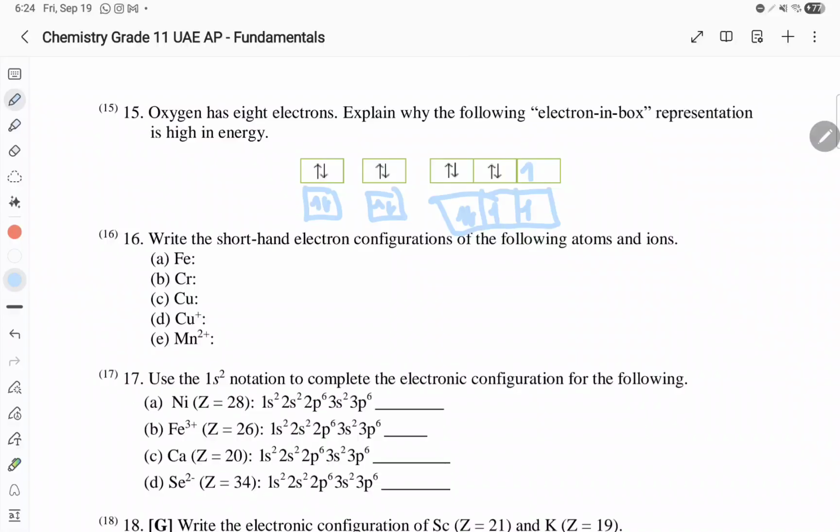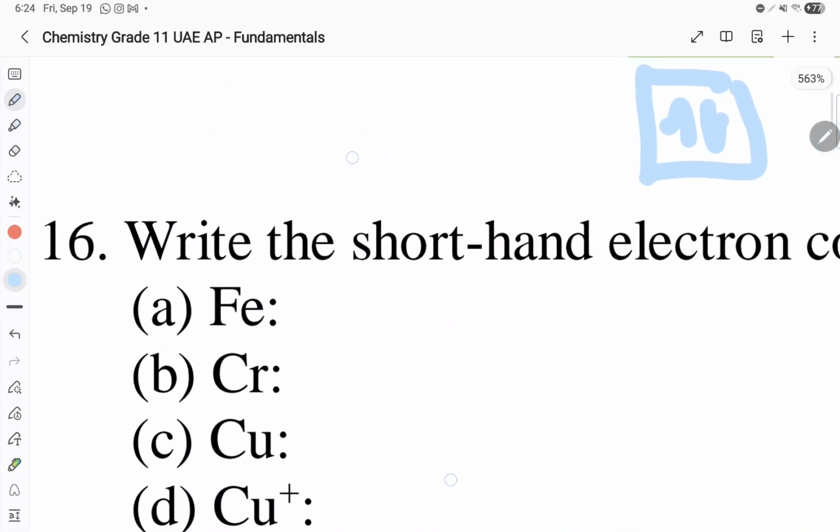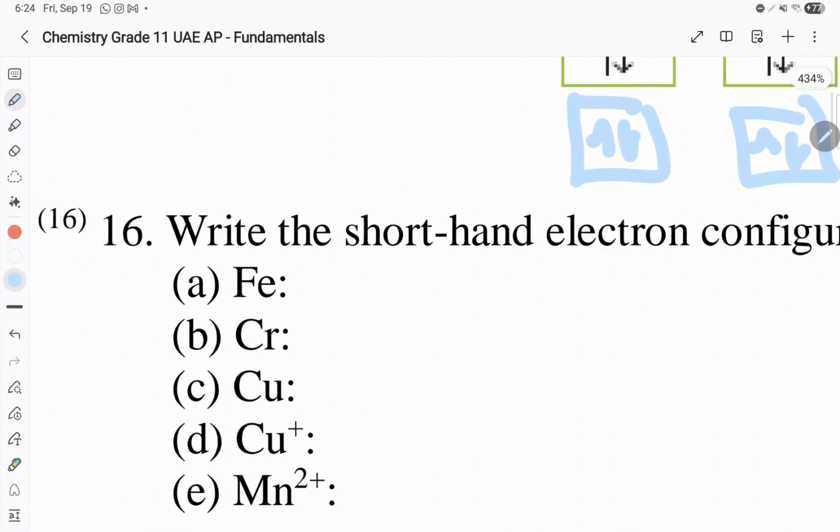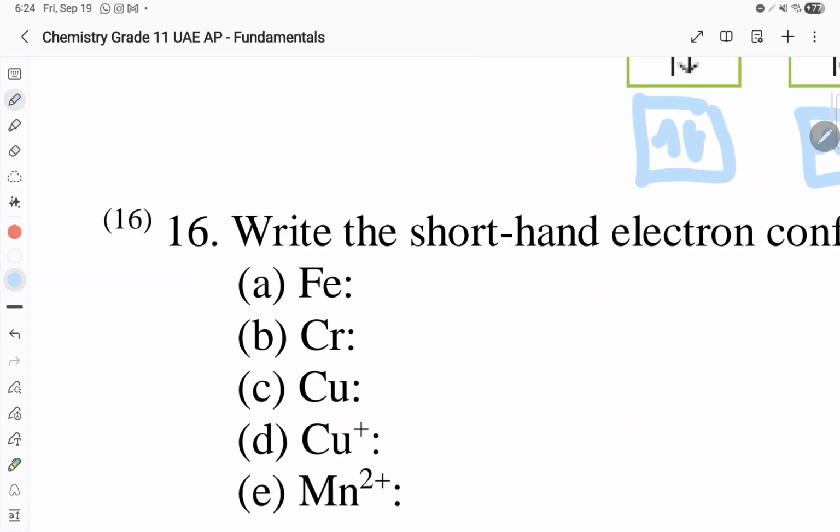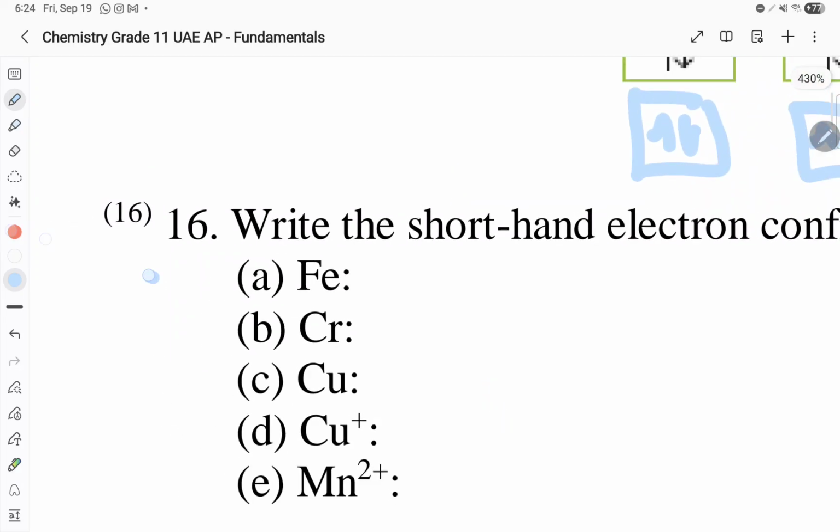Now, here they want us to write the shorthand electronic configuration. To write shorthand, you need to first write the long one, the one I just showed you. Fe is 26, I think. Wait, let me check. Argon is 18 plus 2 is 20. Yeah. Fe is 26. Chromium is 23.